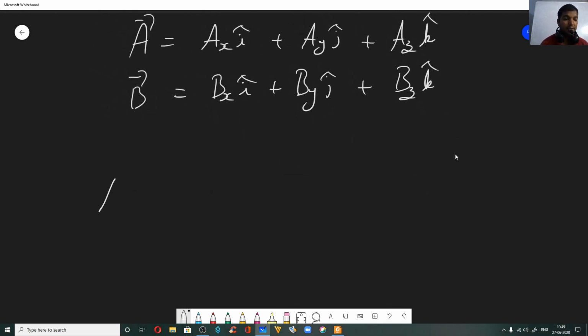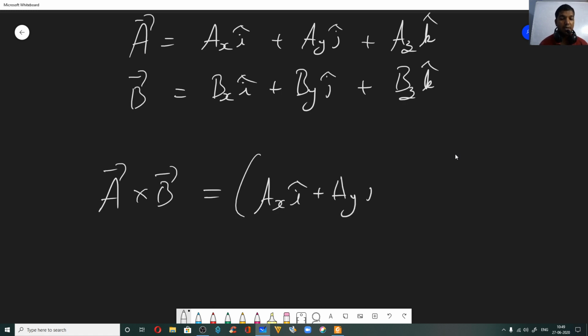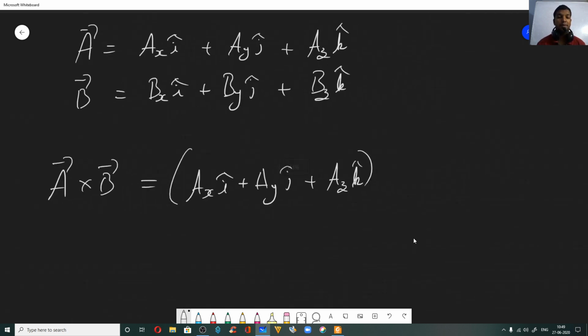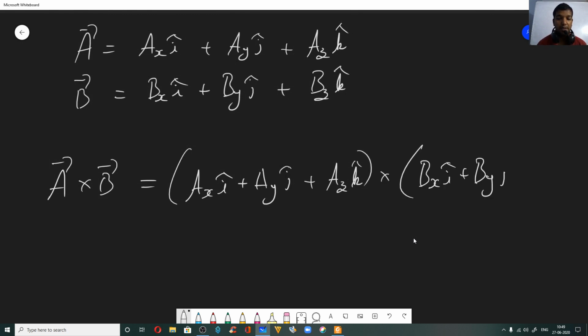Now you will do A cross B as, we'll write it individually now: ax i cap plus ay j cap plus az k cap, cross bx i cap plus by j cap plus bz k cap.